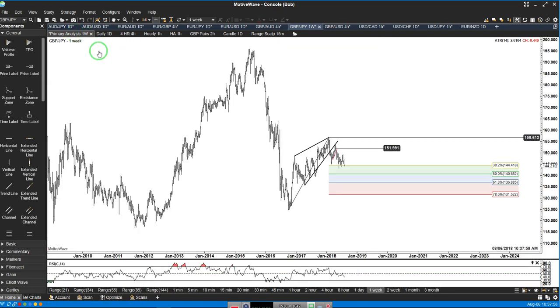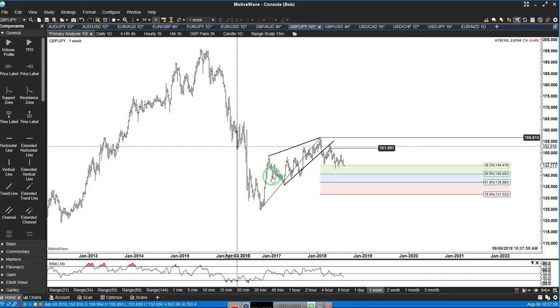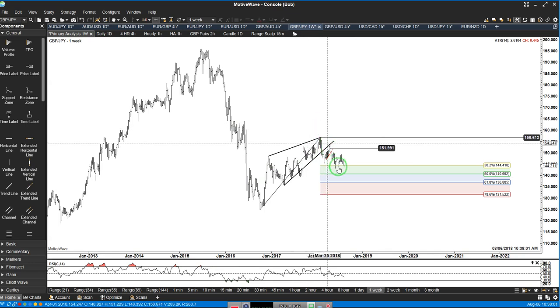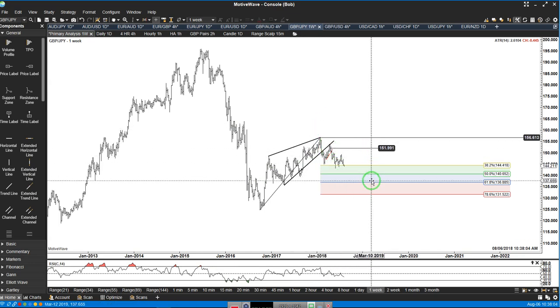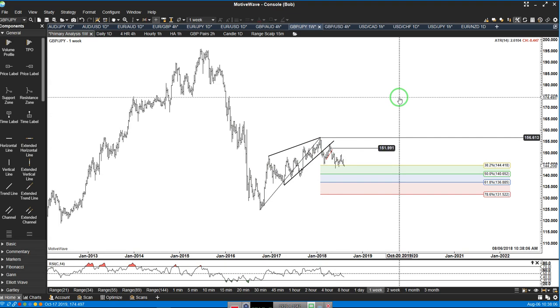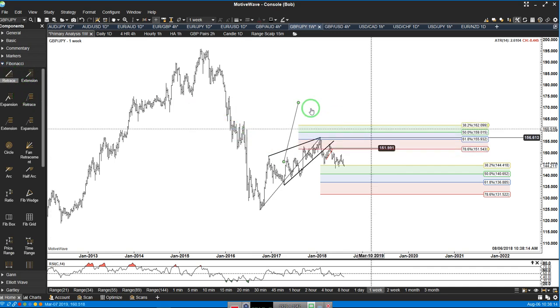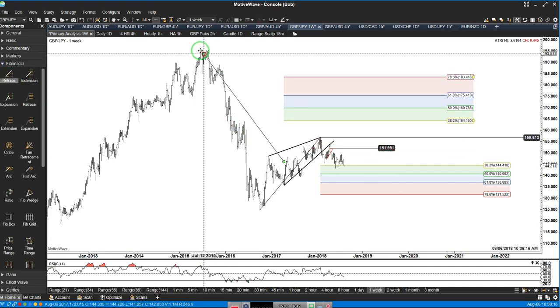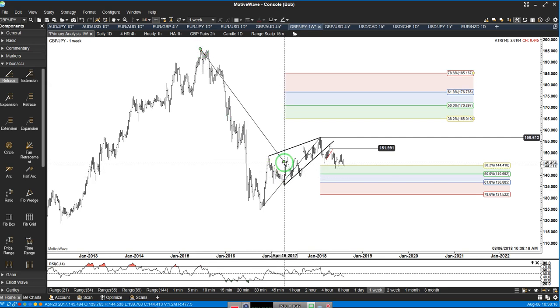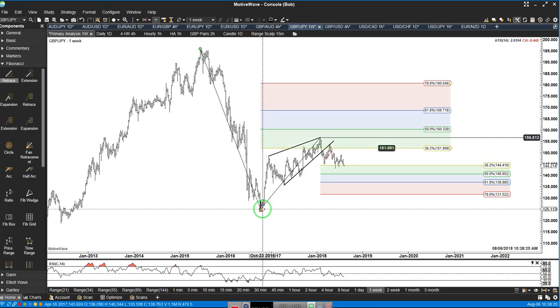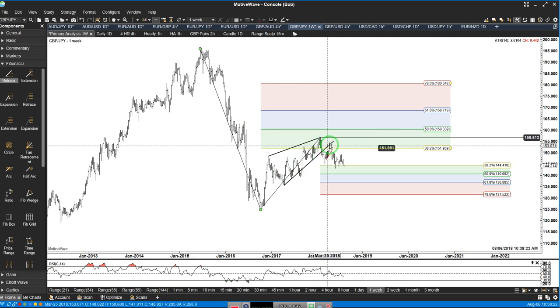If we look at the bigger picture, I think we have an A wave here. We need an A, B, C down before moving higher again. And the one reason I am looking higher yet, I believe we're going to see higher, is we're right at that between 38 and 50.